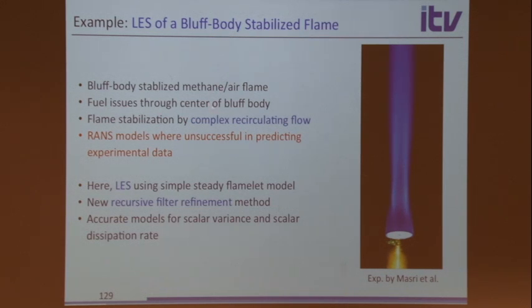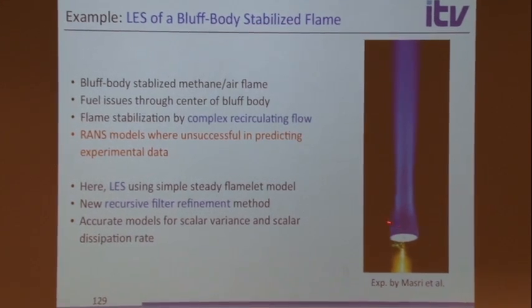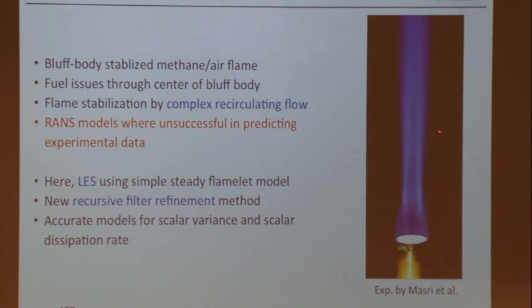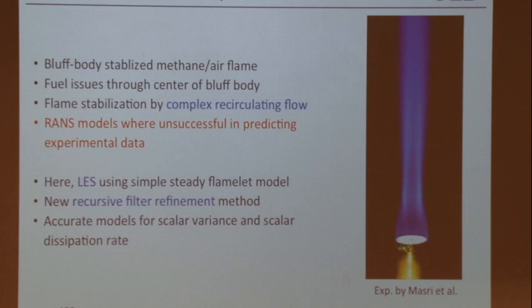This is an experiment by Masri at the University of Sydney, and it was chosen as an international test case that combustion modeling people should look at. For this case, there were a lot of different simulations using RANS models, and mostly the RANS models either got good predictions down here, or good predictions up here, depending on how they tuned their coefficients.